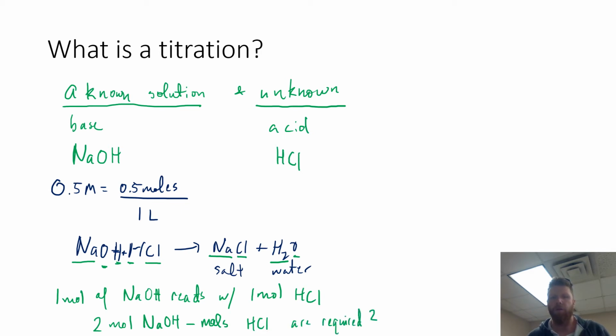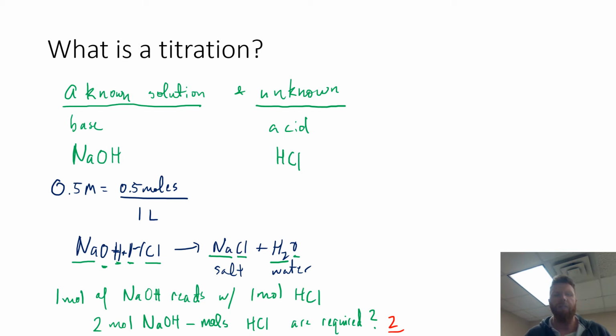And the answer to that is, again, 2. Because our balanced chemical reaction tells us everything that we need to know. 1 mole of sodium hydroxide reacts with 1 mole of HCl. 2 moles of sodium hydroxide require 2 moles of HCl.